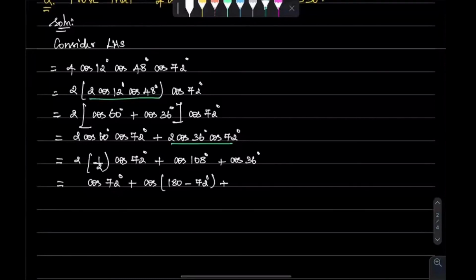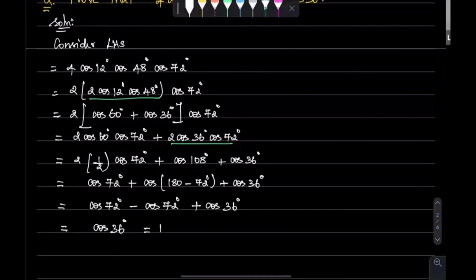Yes, sir. Plus cos 36 degree, which is nothing but, so these two will cancel. Cos 72 degree minus cos 72 degree plus cos 36 degree, which is equal to cos 36 degree, which is my RHS. Hence proved. You happy?